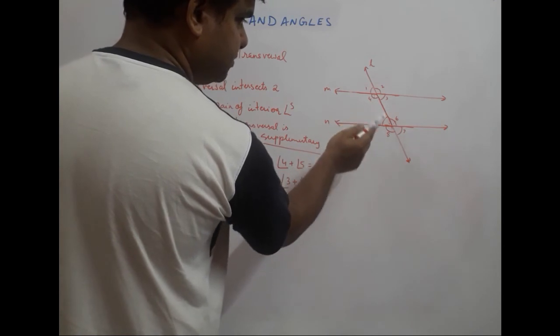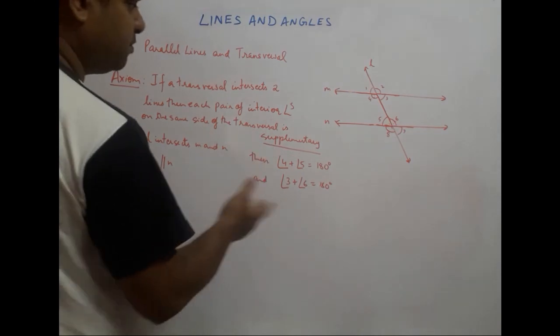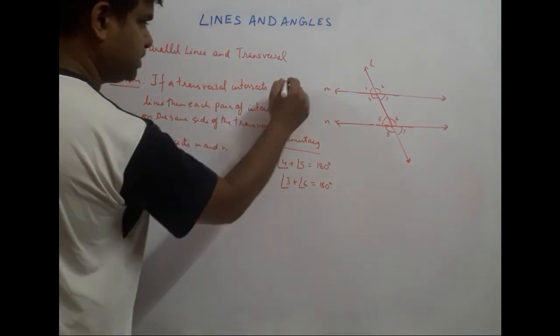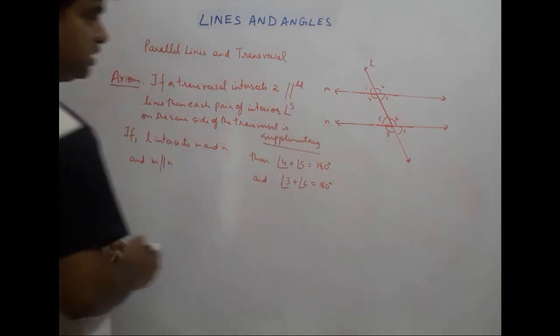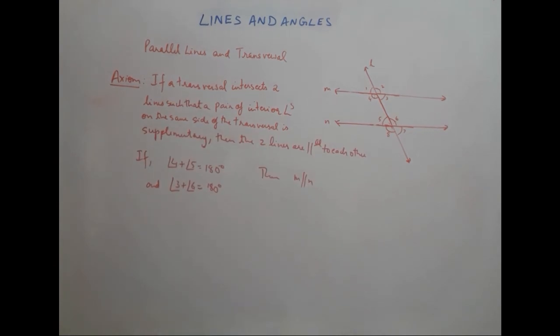Interior angles on the same side of the transversal, the sum of them gives us 180 degrees. A small thing to mention, this is not just for any two lines but for two parallel lines, they need to intersect two parallel lines, then the sum of the pair of interior angles is equal to 180 degrees.